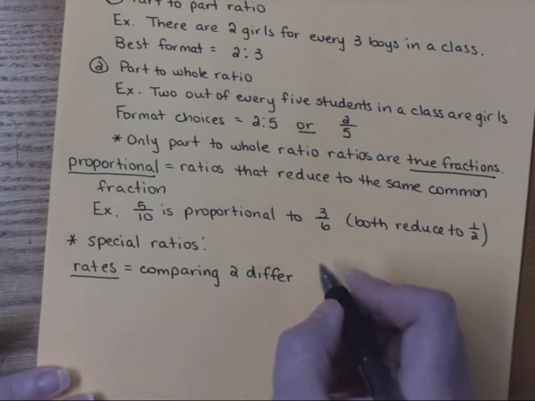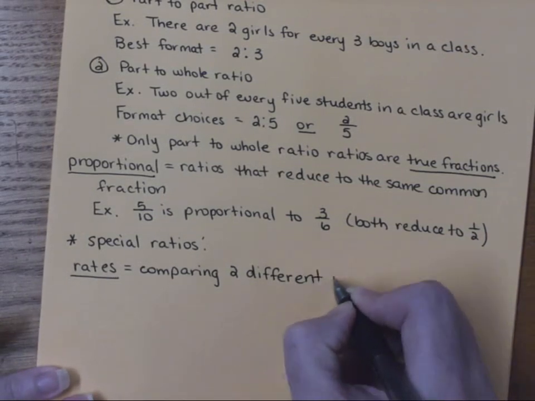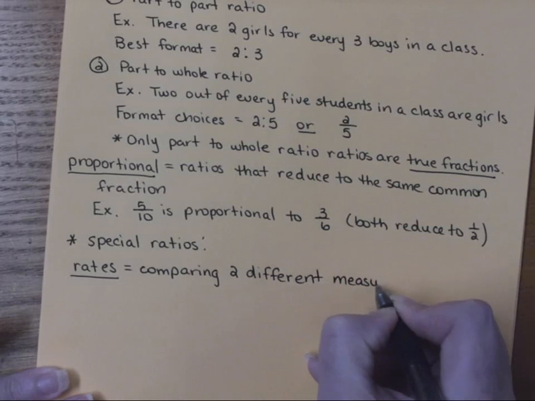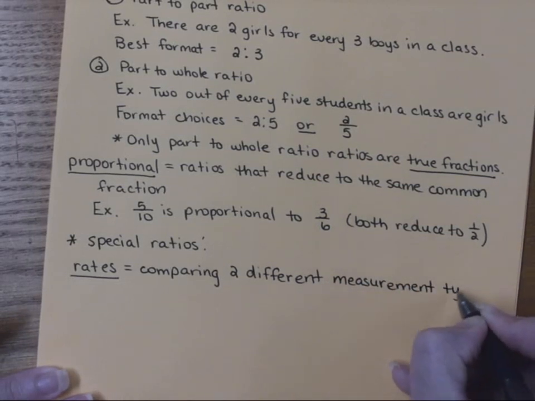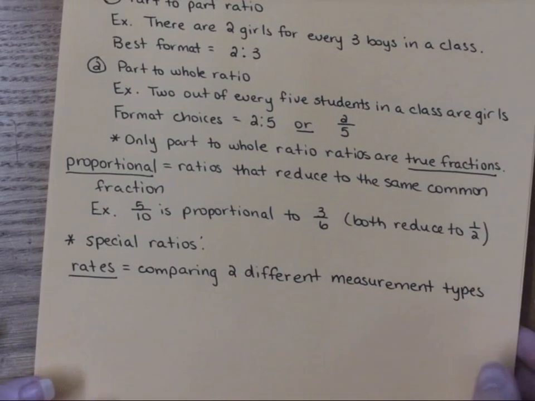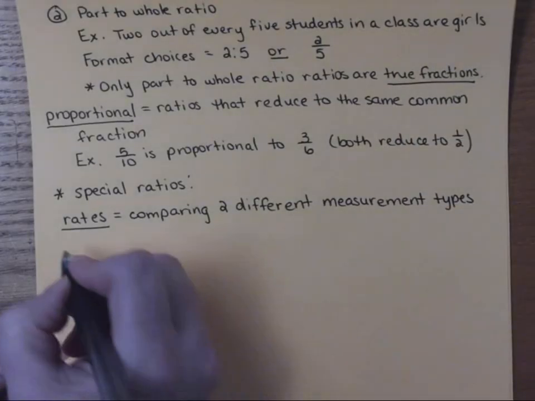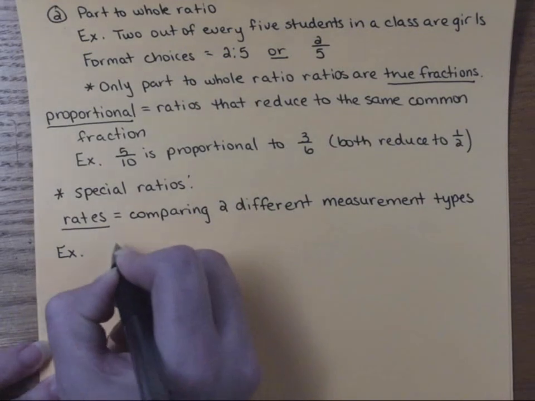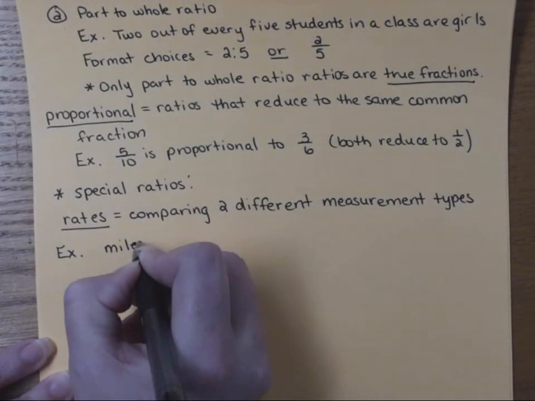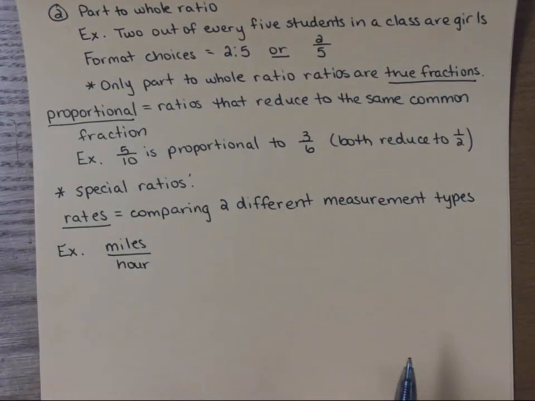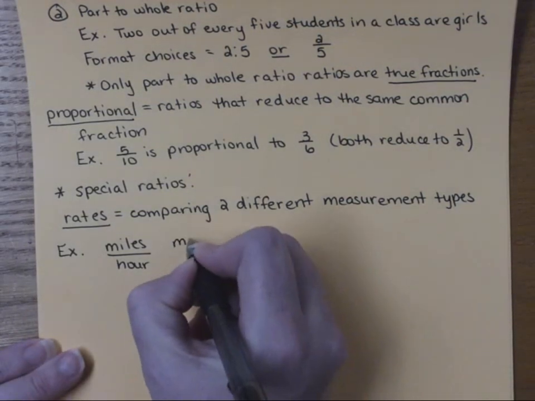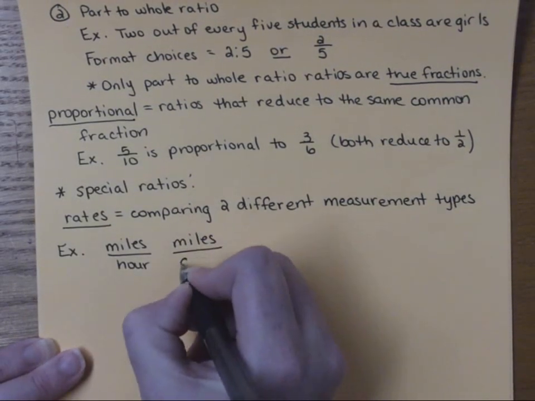We're going to look back at that in a minute. But it's when you compare things that are either different measurements or maybe even different types altogether. I'm going to give you an example. Like if you say miles per hour, sometimes you write the per as a fraction bar. You could always talk about miles per gallon.